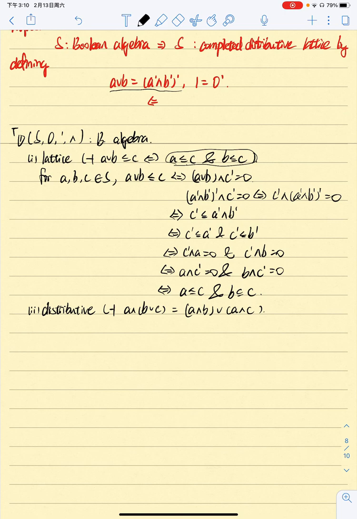That means A and (B or C) is smaller than X if and only if A and B smaller than X and A and C smaller than X. First, for A, B, C, and X in S, A and (B or C) smaller than X if and only if A and (B or C) and X prime is 0.